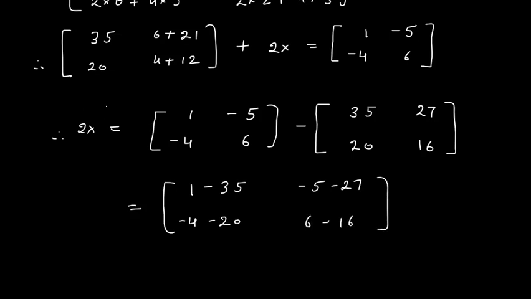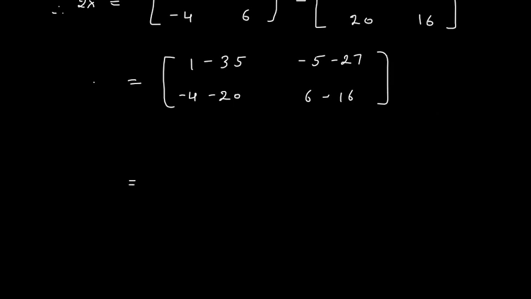So this is equals to, now 1 minus 35 is minus 34. Minus 5 minus 27 is minus 32. Here it is minus 24 and here it is minus 10. This is the value of 2x.